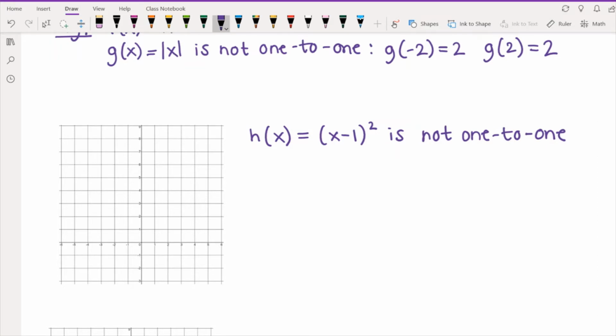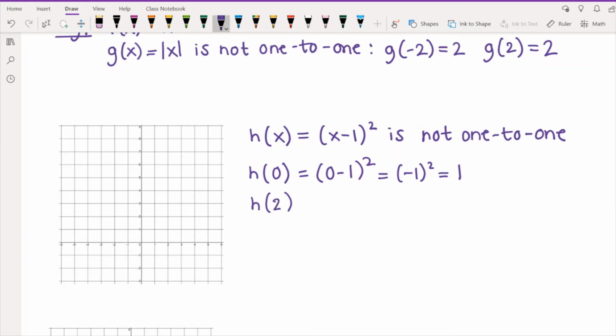So for example, I'm going to plug in the number 0 into this function and see what we get. So if we plug 0 into this function, we get (0 minus 1) squared, so that's (-1) squared, and that's 1. So what would be an example of another number that we could plug into this function where we would still get 1 as the output? Can you think of a different x value that we can plug in and still get that same output of 1?